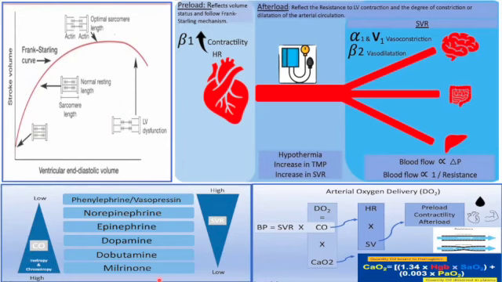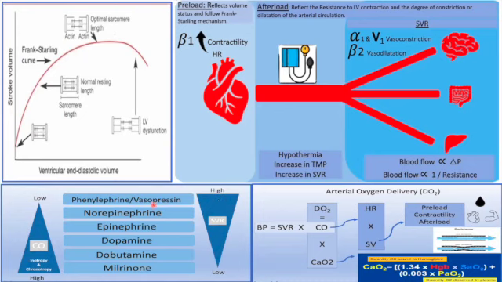From up to down, we started with vasopressors, vasopressin and phenylephrine, where both of those medications have a major effect on vascular resistance by increasing it, and minimal to no effect on cardiac output.